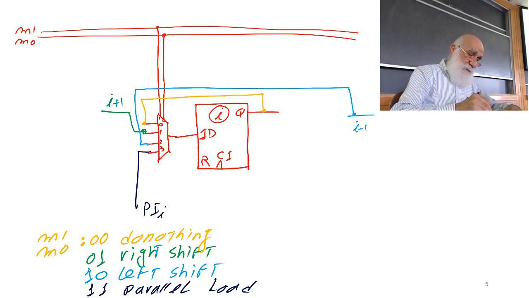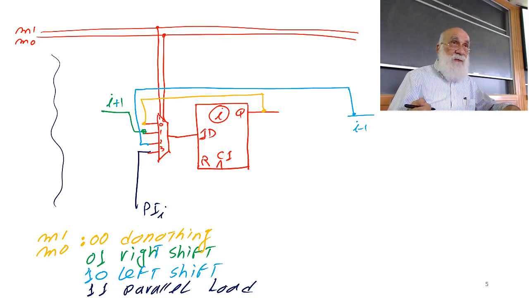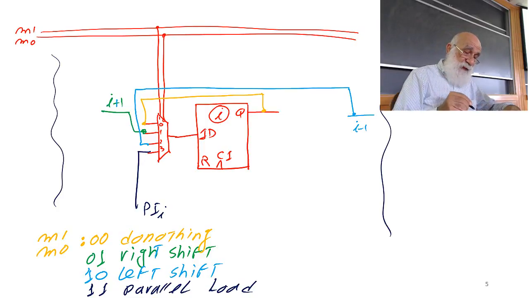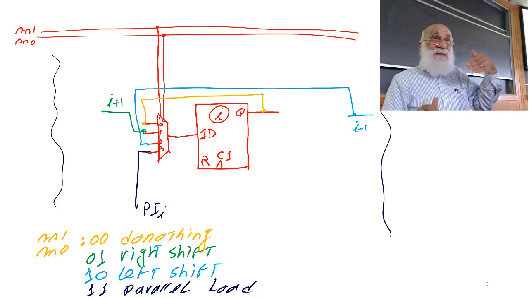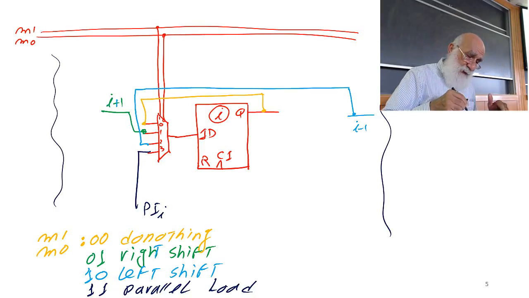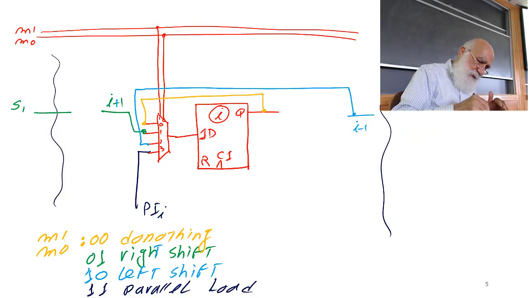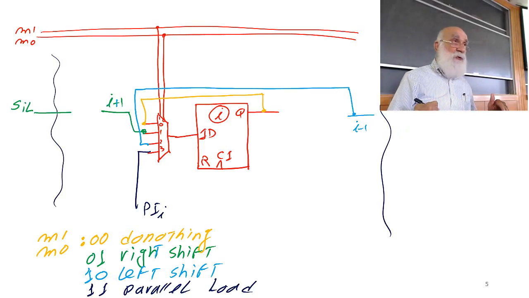The leftmost and the rightmost. The leftmost flip-flop has a serial input that comes in from the left, okay, and that will be used when I'm doing the right shifting. So I have serial in coming from the left used in right shifting.